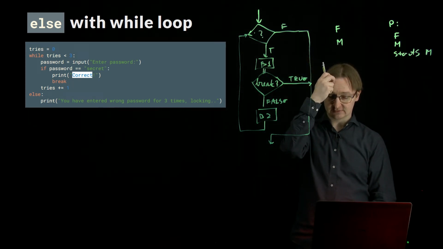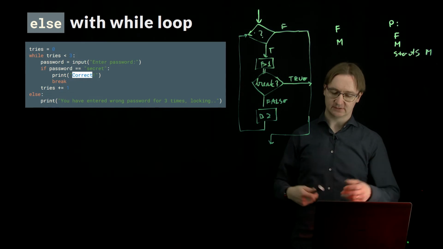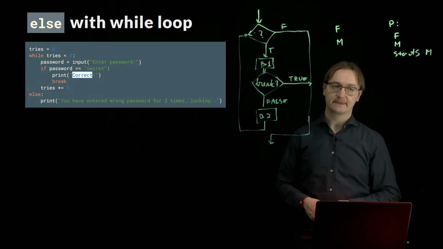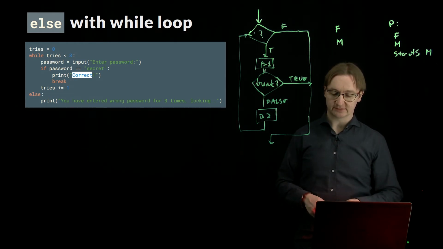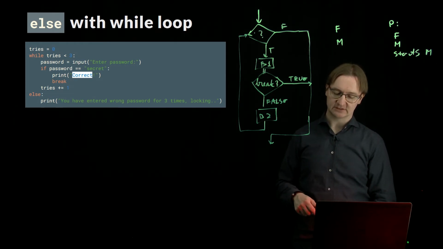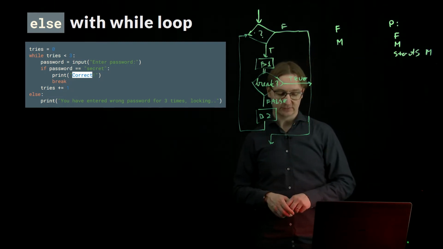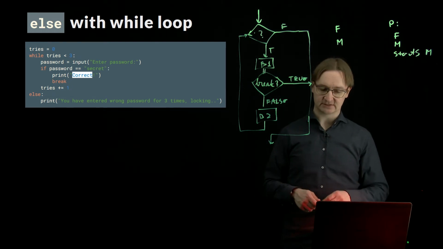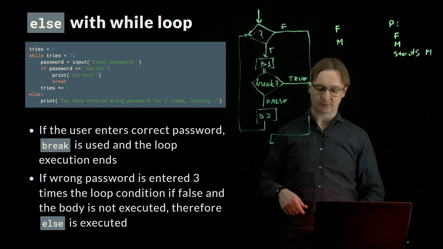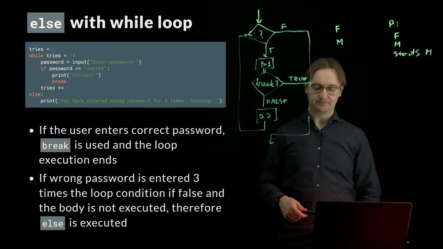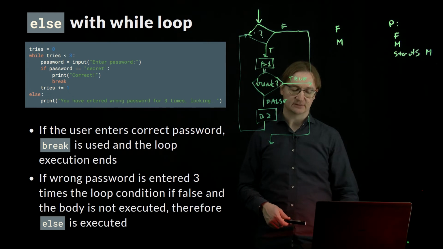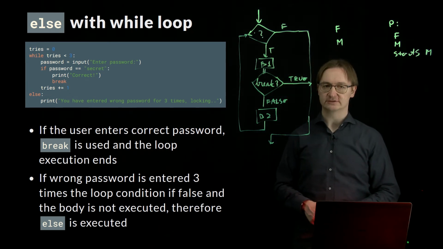If it's not correct, then we increase the tries. So the tries value will become 1, and there's another possibility to enter the password. If it's still incorrect, then the tries will get value 2, which is still smaller than 3, so you can still enter a password. And if you enter the wrong password for the 3rd time, then the tries will become 3, and this while condition is false.